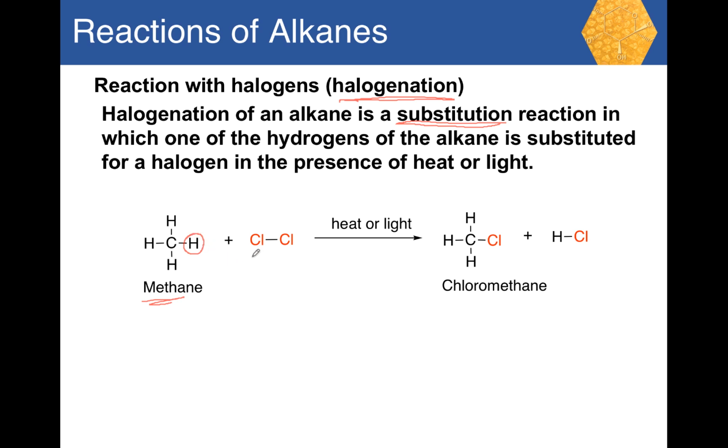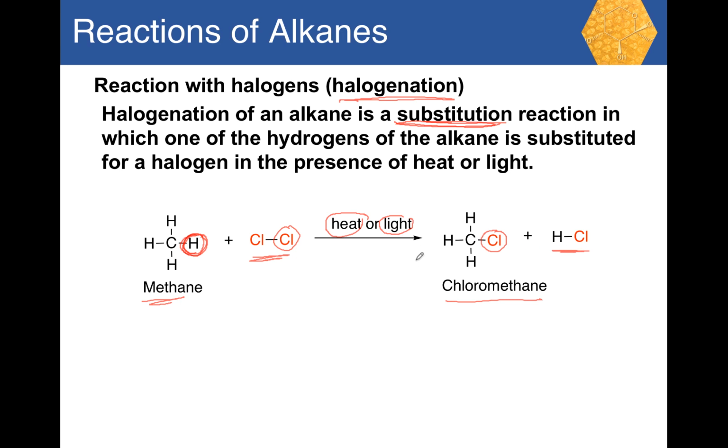The reaction with chlorine in the presence of heat or light gives us a substitution reaction where we're substituting this hydrogen for a chlorine. So we have a product of chloromethane. The other product, as you can imagine, is this hydrogen will bond with one of these chlorines to give HCl.